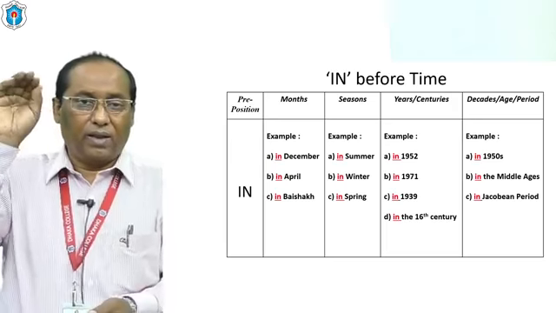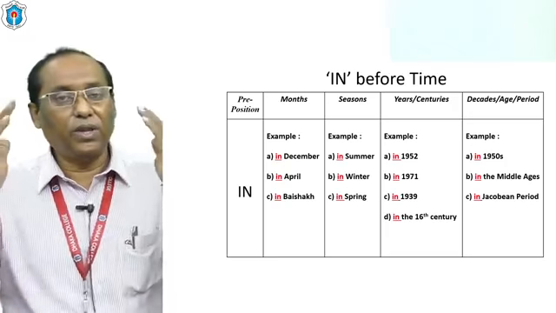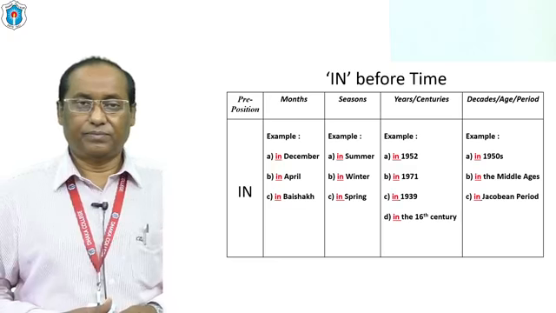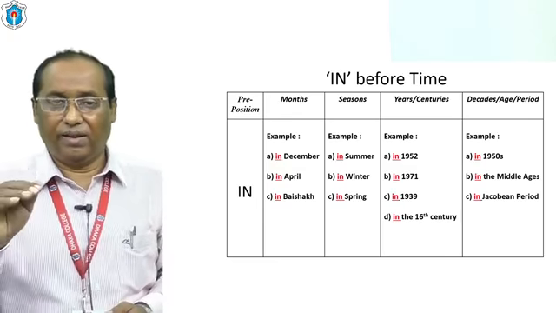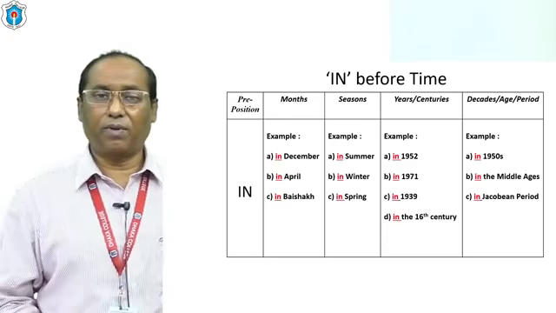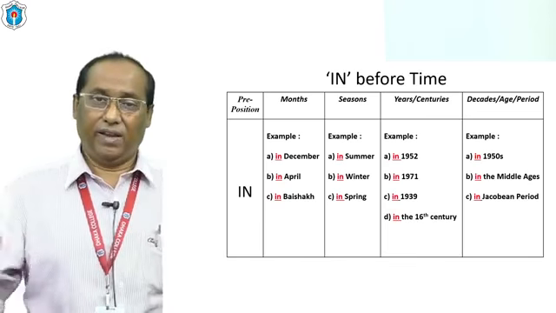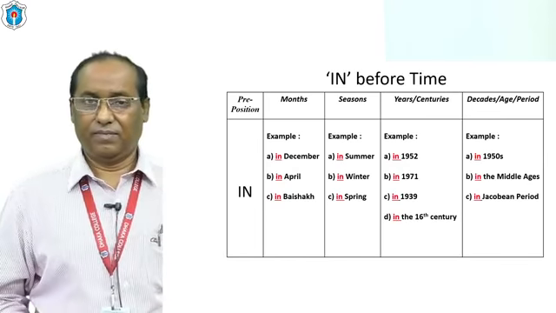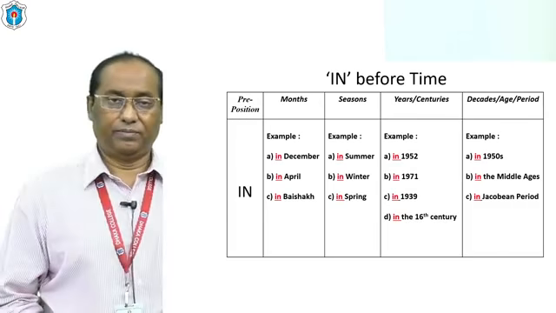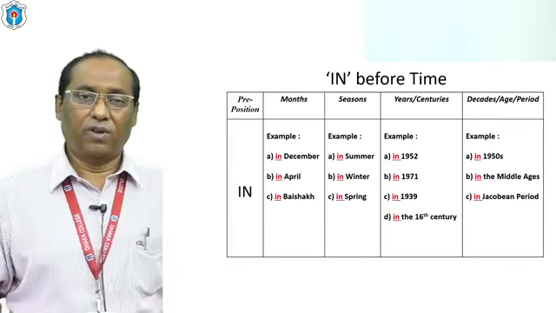When we use the name of months, before it we use in. Then we use in before the name of any season, for example, in summer, in winter, in spring. Okay? We use in before year, before century.